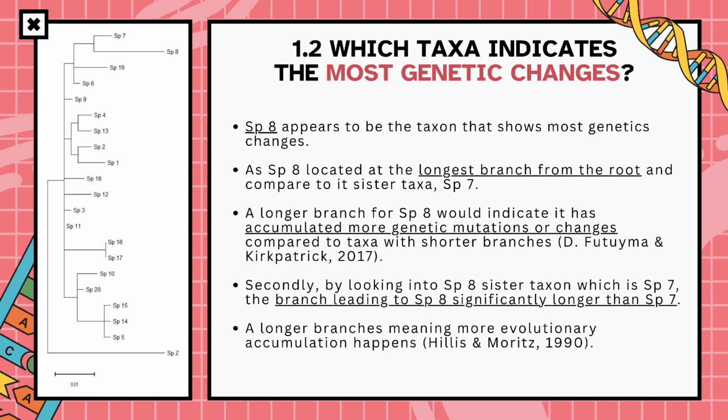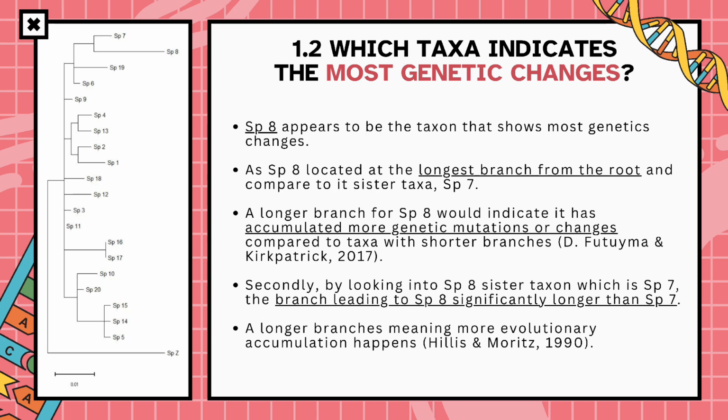Next, which taxa indicates the most genetic changes? That would be sp8. sp8 appears to be the taxon that shows most genetic changes, as sp8 is located at the longest branch from the root compared to its sister taxa sp7.